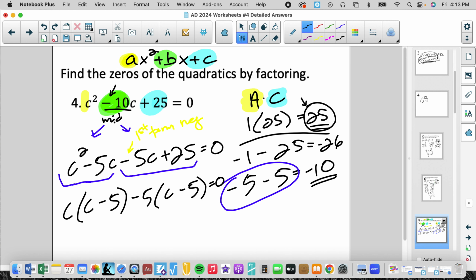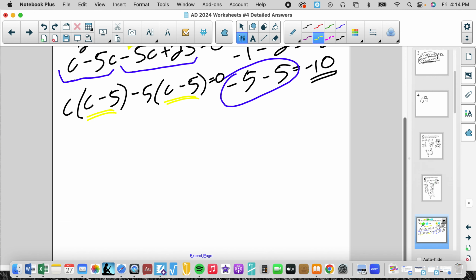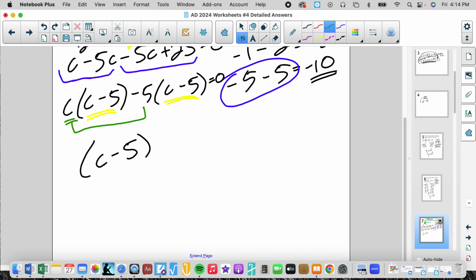How do I know if I did it right? Remember, these inside the parentheses must be identical. That is my indicator that I did it correctly. So in this case, I did do it correctly. I'm going to pull out that common factor, and what does it leave me with? It leaves me with c minus 5. So that's the other binomial that I get. And look at that.